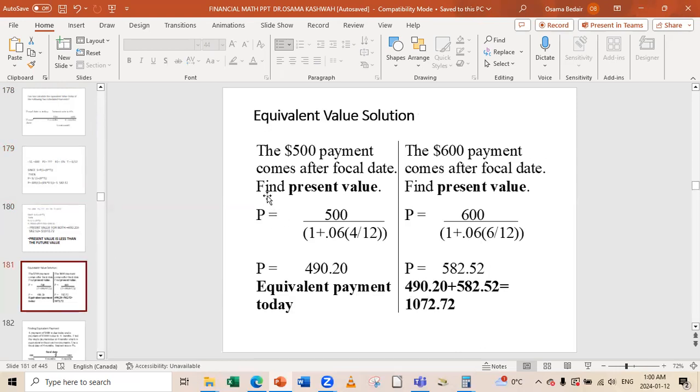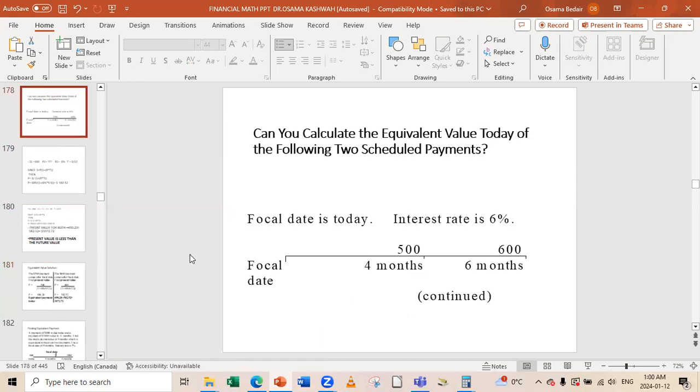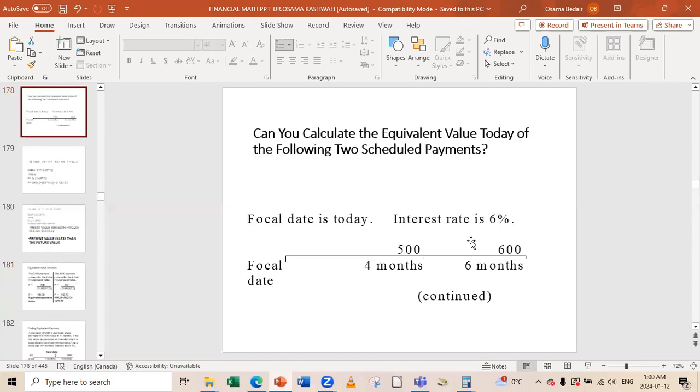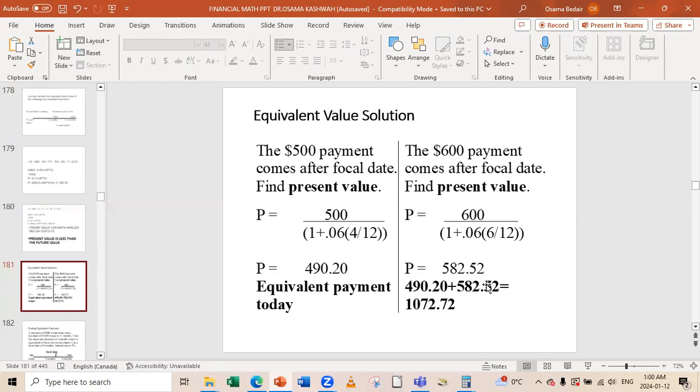So this is the present value for the first 500, and the second, the 600, to calculate the present value of this 600, its value not here, its value here at this point. We'll put it like this, the way I calculated it.